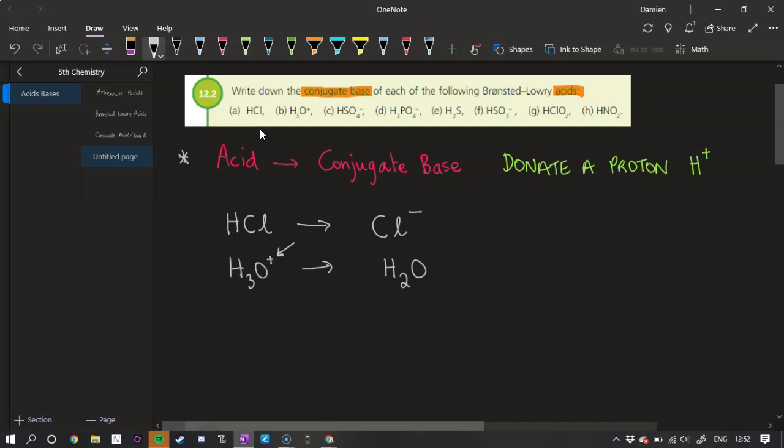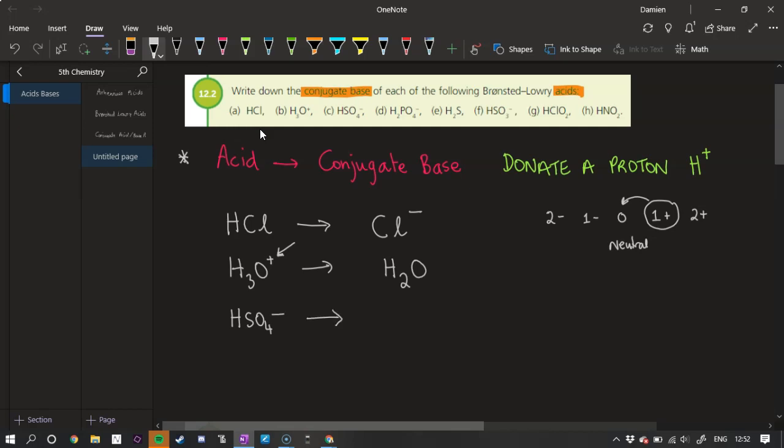If you're going from, let's say, double negative, single negative, neutral, single positive and double positive, then if you are on single positive and you're losing a positive charge, you're back to neutral, which is no charge.